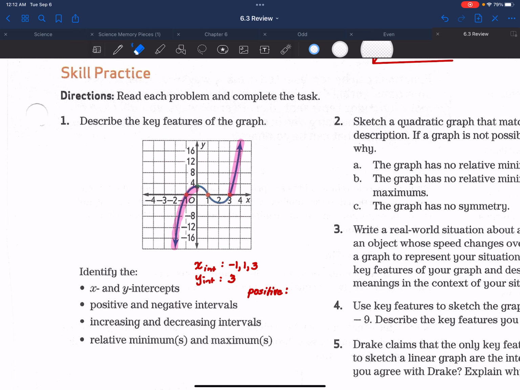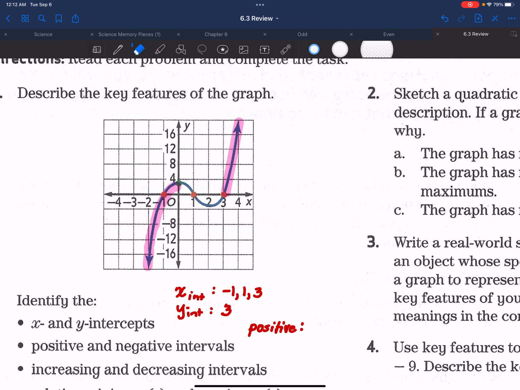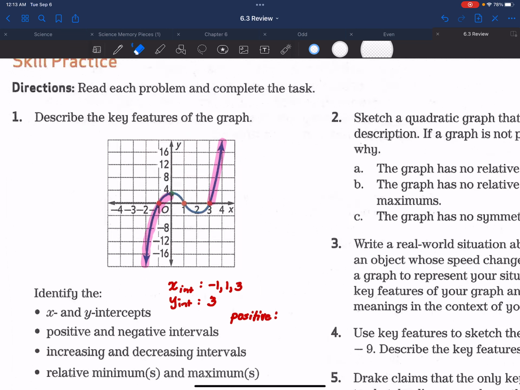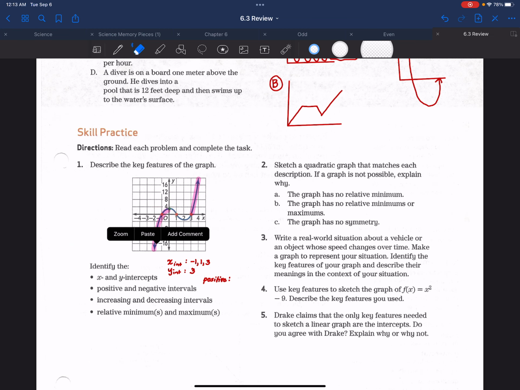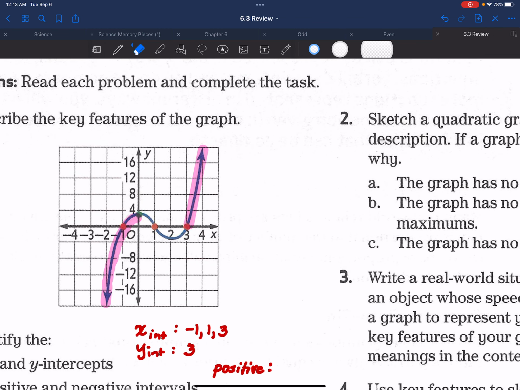Let me think here. The positive interval. Oh, I'm getting that confused with increasing interval. I'm sorry, guys. It's after midnight. Positive interval is above the x-axis. So the positive interval is not the pink.